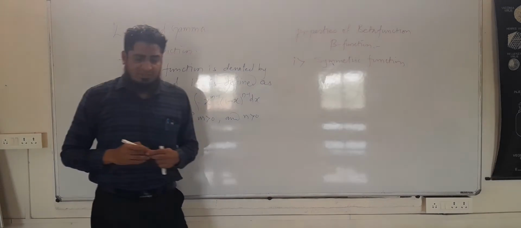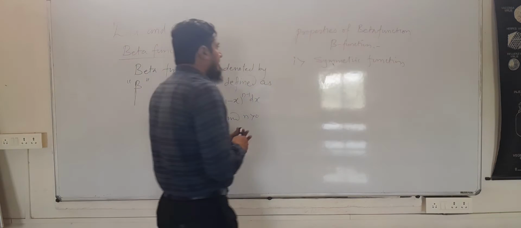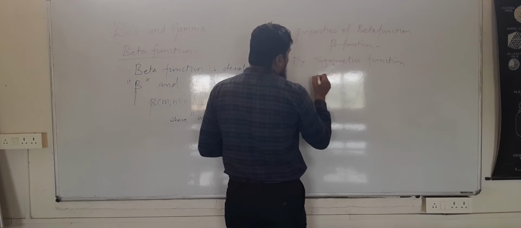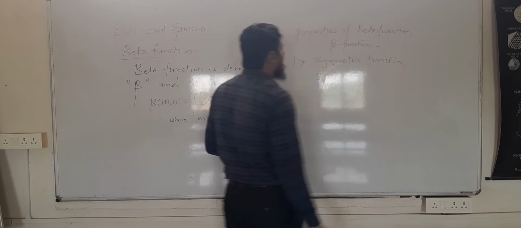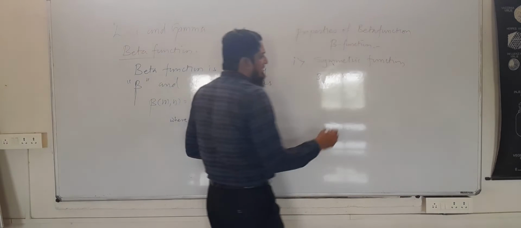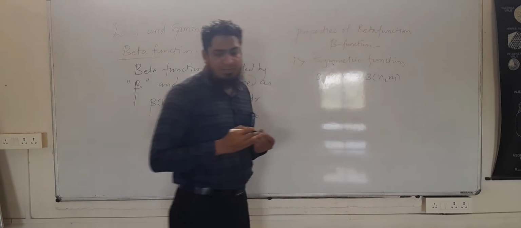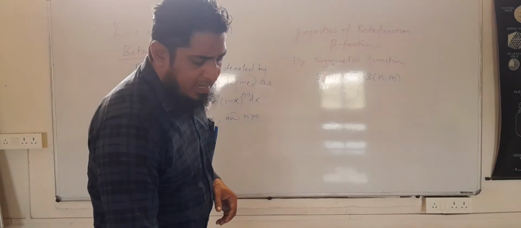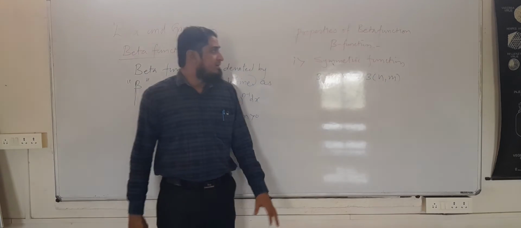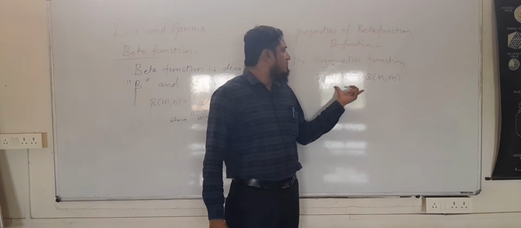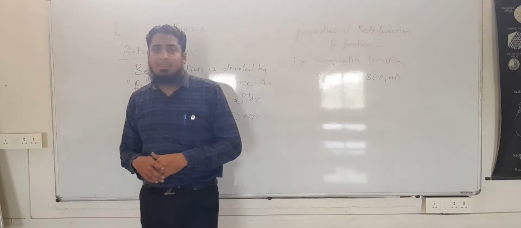Beta m n is always equal to beta n m. This property shows that the beta function is a symmetric function.